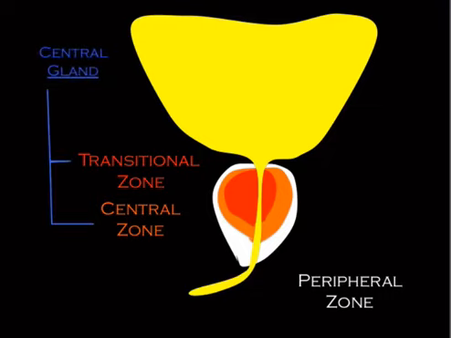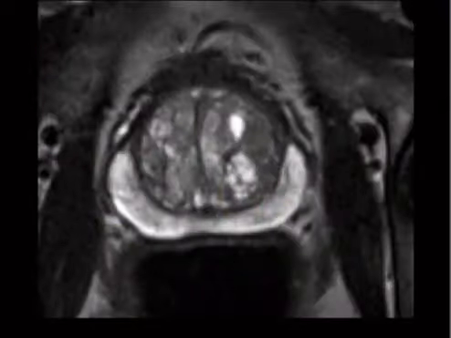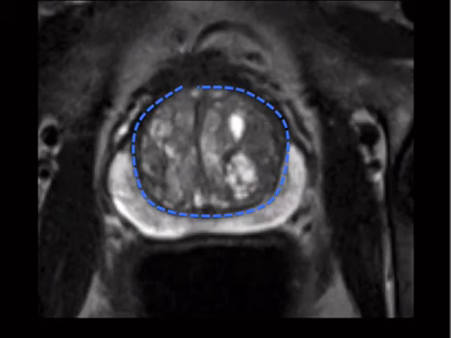A lot of people will lump central zone and transitional zone together into a central gland. And you can imagine that for the purpose of multiple choice, central zone and central gland would make great distractors for each other. So pay attention. I'll just generally say that it's pretty difficult, at least for me, to distinguish between the transitional zone and the central zone.